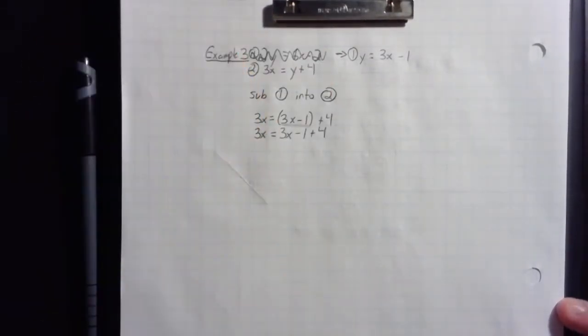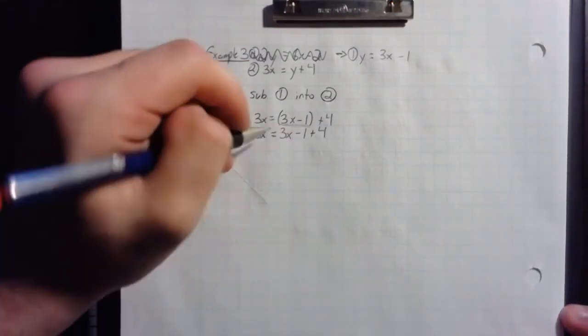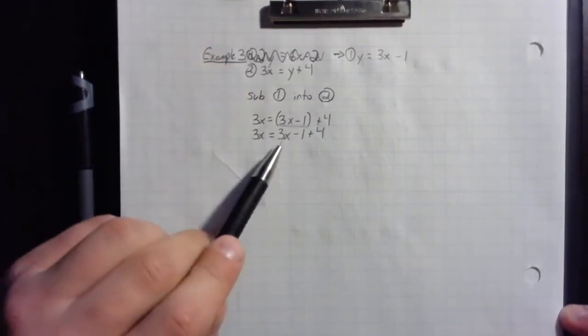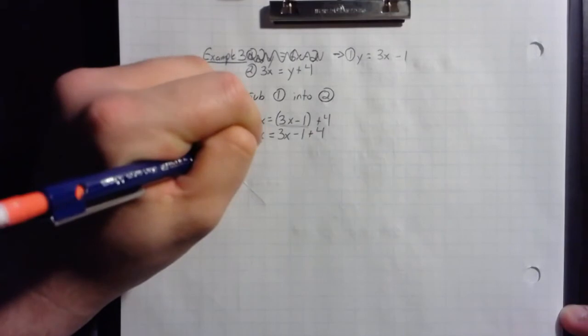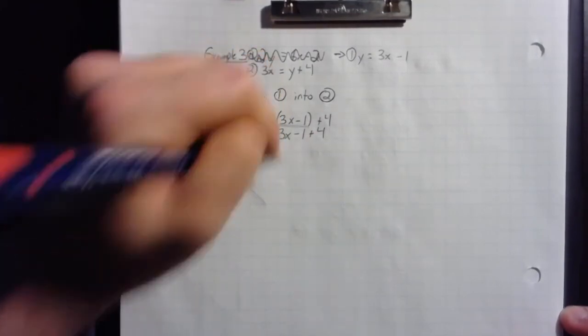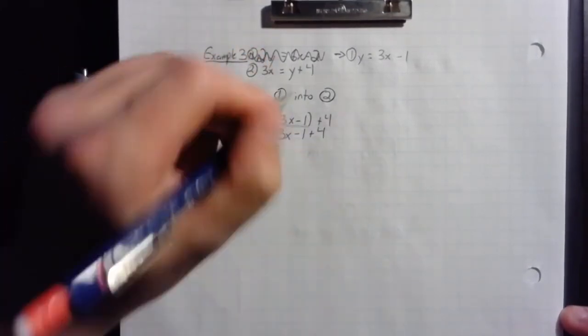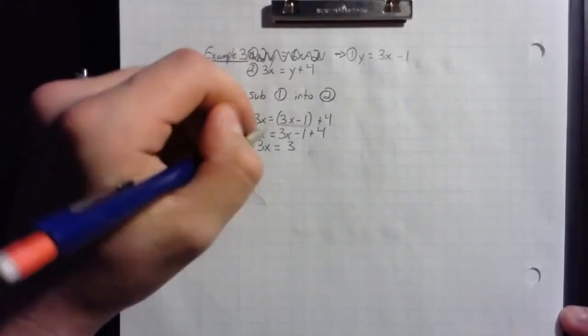Okay, now I'm going to clean this up. I'm going to have my variables on one side and my constants on the other. So I'm going to bring this 3x over to the left side here. So I'll get 3x minus 3x equals negative 1 plus 4, which gives me 3.